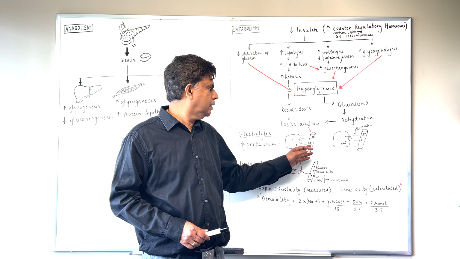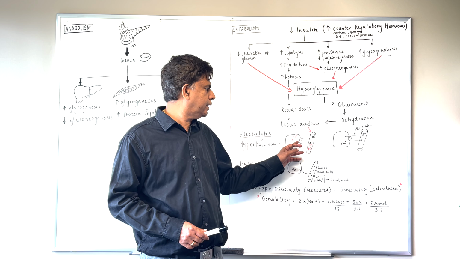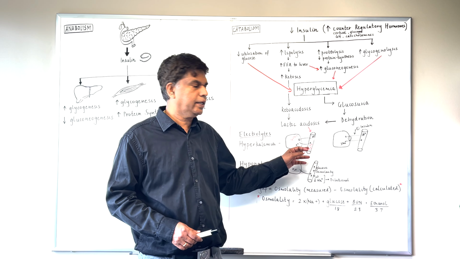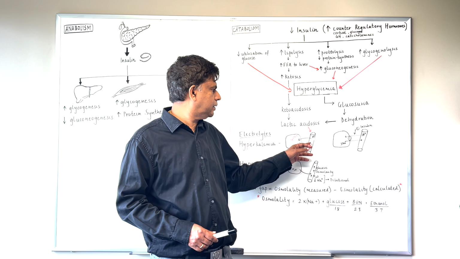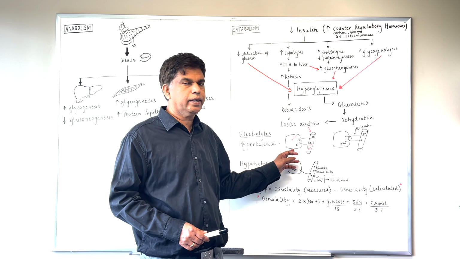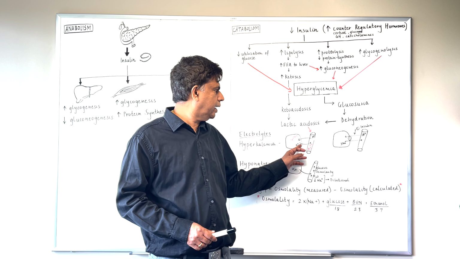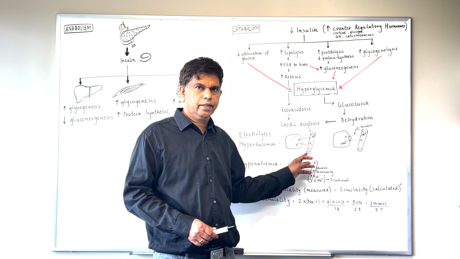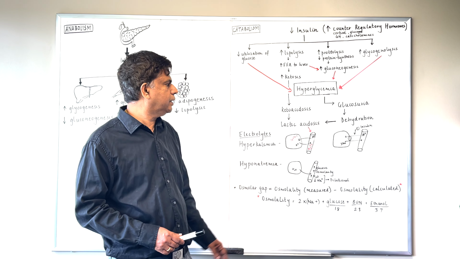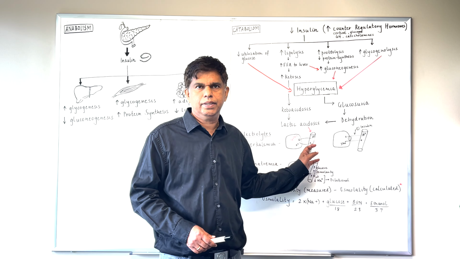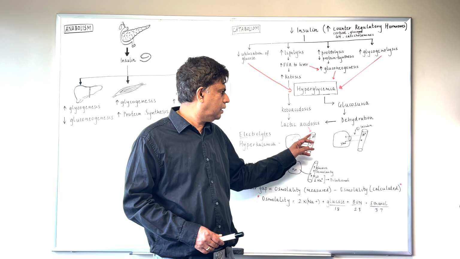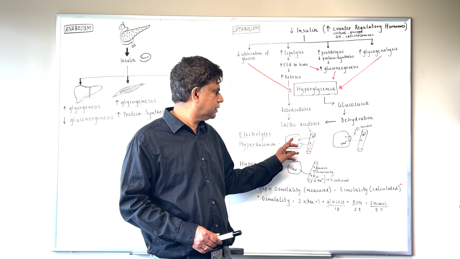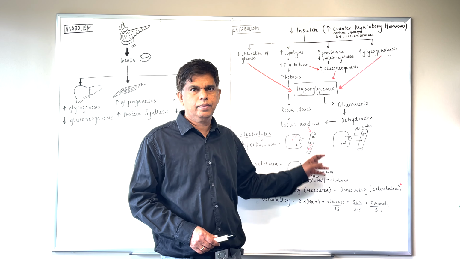This disrupts the H plus and K plus exchange mechanism. The H plus acid comes into the cells, making them more acidotic, and the K plus goes out, so it becomes hyperkalemia. So the acid enters the cell and potassium comes into the blood, okay?